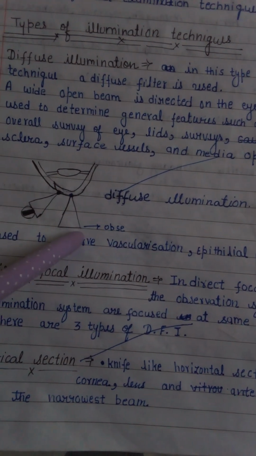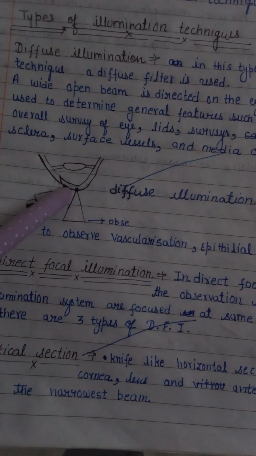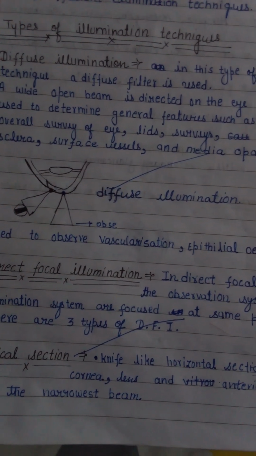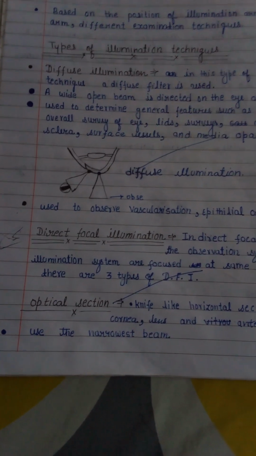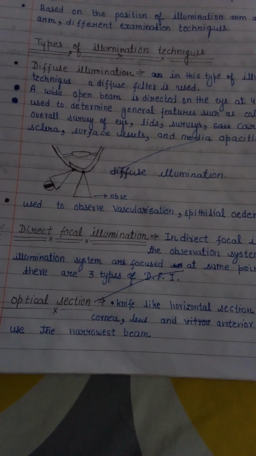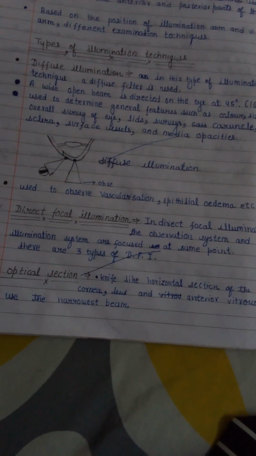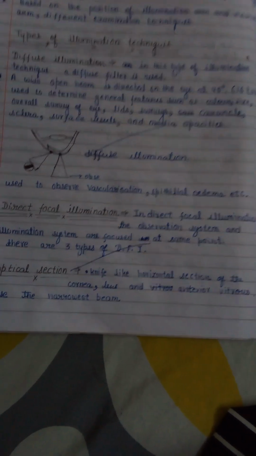And in this we are observing the cornea, and our illumination system is also focused onto the cornea. So this is the example of diffuse illumination, which is a type of direct illumination. It is also used to observe vascularization, as I told you, epithelial edema, etc.